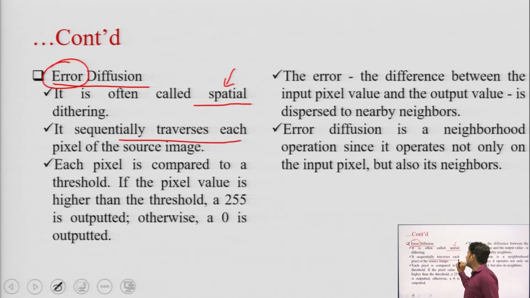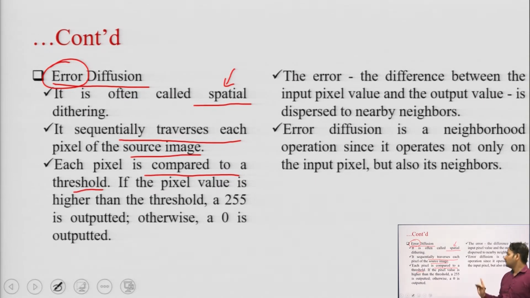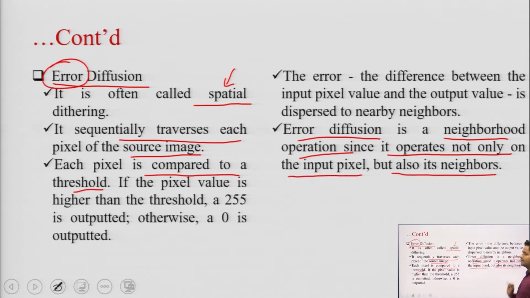It sequentially traverses each pixel of the source image. Each pixel is compared to a threshold, same as dither, but what is the difference between dither and error diffusion? Error diffusion is a neighborhood operation, since it operates not only on the input pixel, but also its neighbors. Okay. So, the neighboring pixel is also present there, and after identifying the difference between the neighborhood pixels, you can obtain the output image in the error diffusion method.